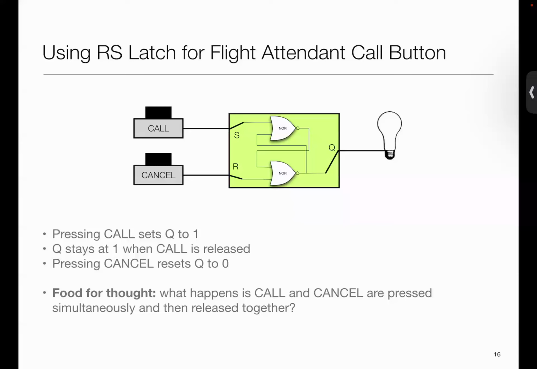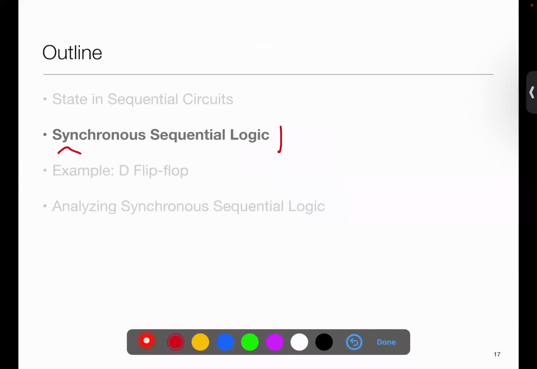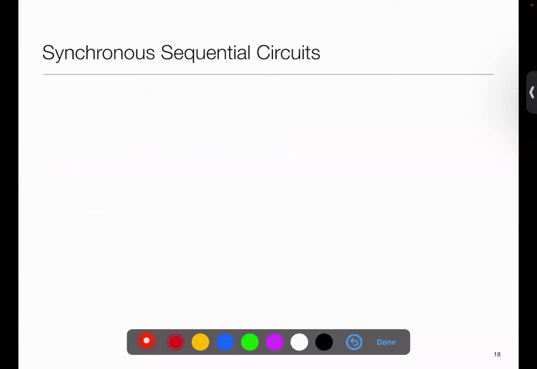But I also mentioned that in practice, we go with what are called synchronous sequential circuits. In other words, the state, the memory of the system, is updated only at some specific instant of time. It's the clock of some sort, and whenever that clock has a particular instant, that's when things get done.